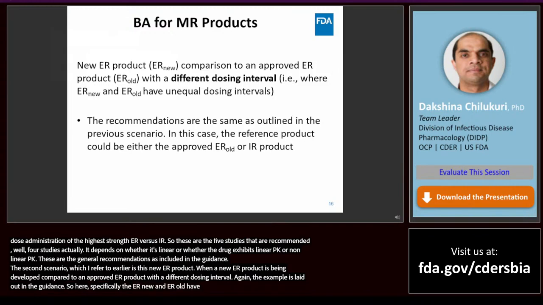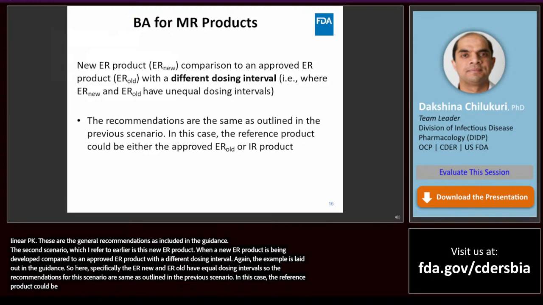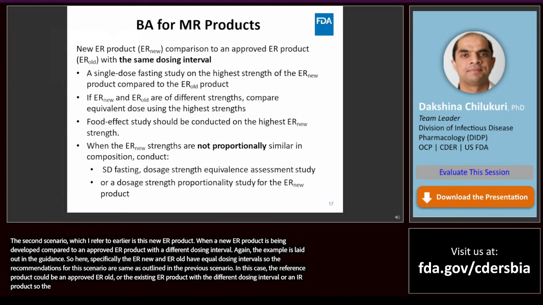So the recommendations for this scenario are the same as outlined in the previous scenario. In this case, the reference product could be either the approved ER old or the existing ER product with a different dosing interval, or an IR product. So with this, the study requirements themselves are similar to the previous scenario.